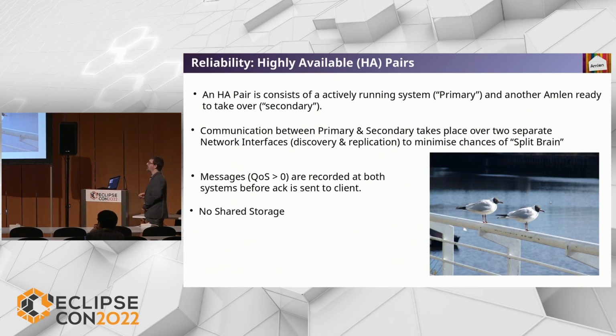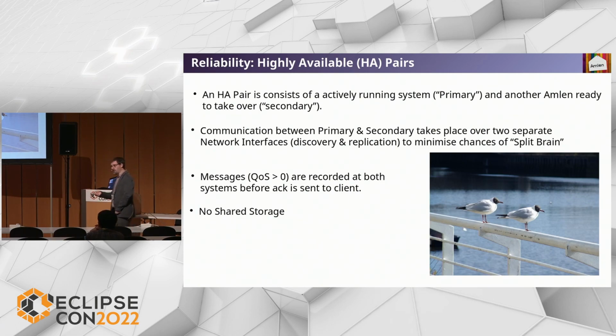Earlier at the start of the talk, I mentioned that Amlen is often used in pairs. It is very often used in pairs. When you send data to Amlen, if it's used in a pair, it's an active-passive system where the passive system is warm and ready to take over.